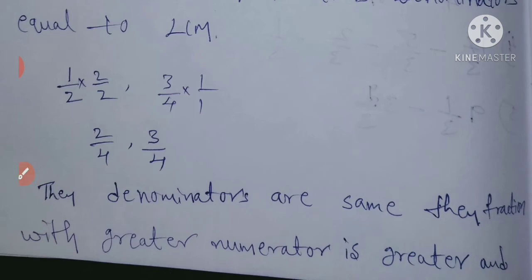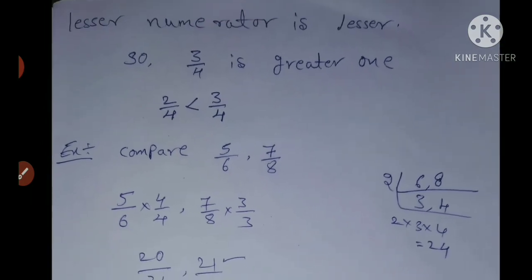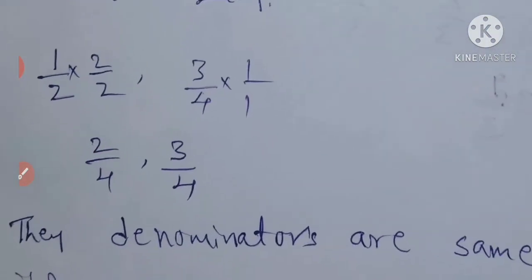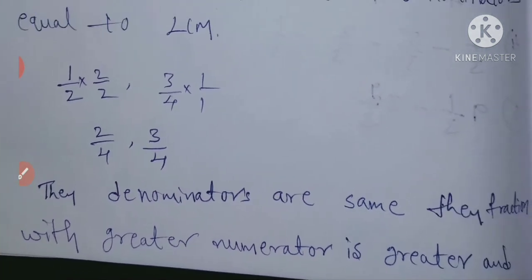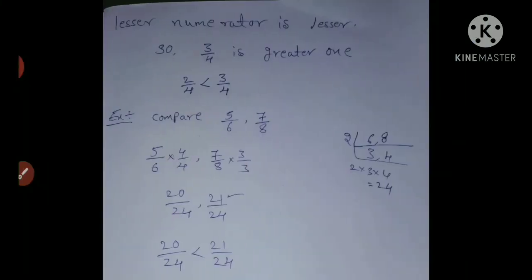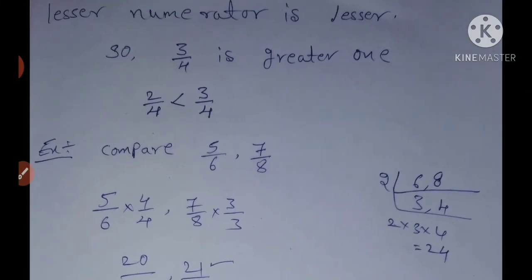We have a simple rule: when the denominators are the same, the fraction with the greater numerator is greater and the fraction with the smaller numerator is smaller.